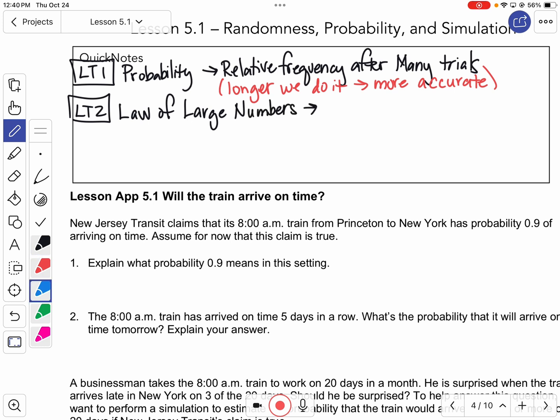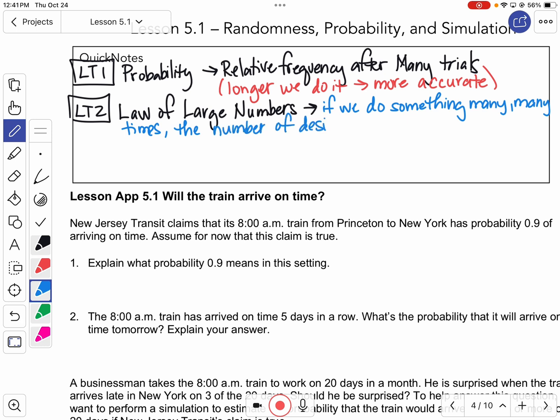And the law of large numbers basically says if we do something many, many times, the number of desired outcomes approaches its probability.